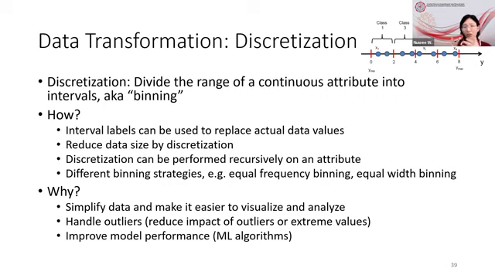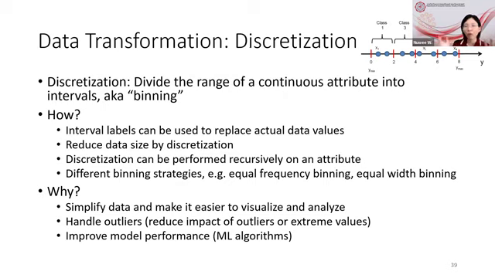Discretization means that you have a continuous attribute, a numeric attribute for example, and you want to divide the range of that continuous attribute into intervals, which means converting it into ranges, right? You can change the age, like from 0 to 20 as Gen Alpha, or 20 to 40 as Gen Y, something like this, right? This is one very classic example of discretization.